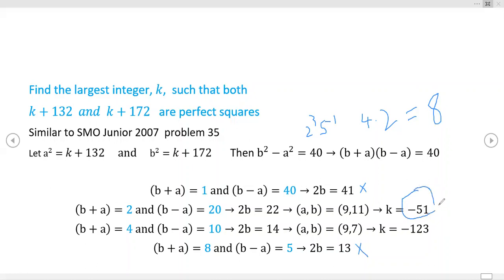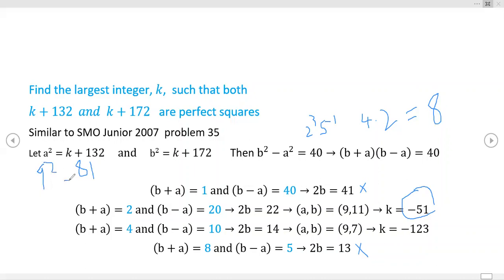Now, just to make sure you're clear, this kind of confused me at first, but if k is equal to minus 51 right here, this would be 81 right here, and that would make a equal to 9, since 9 squared is equal to 81.